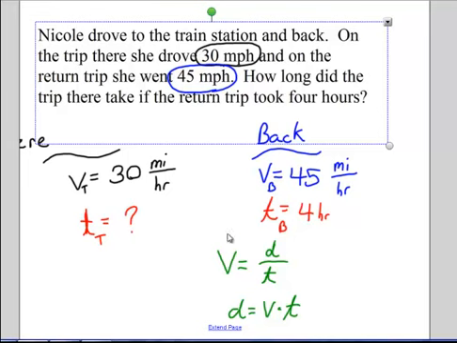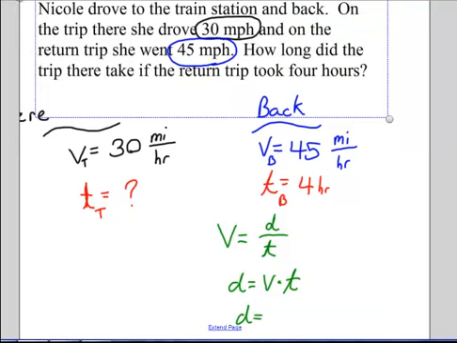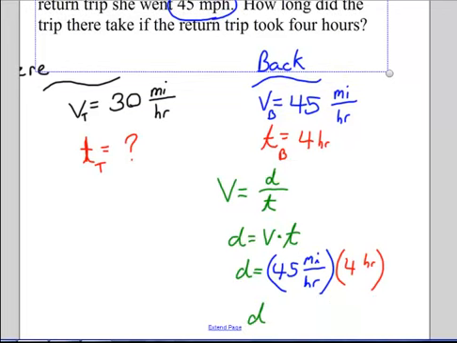Since I have my v and I have my t, I can solve for the last unknown variable, and that gives me d is equal to 45 miles per hour times my time, 4 hours, and 45 times 4 gives me 180 miles. Now that I know the distance, well, the distance for the trip there and the distance for the trip back are equal, so I can bring that number over here.